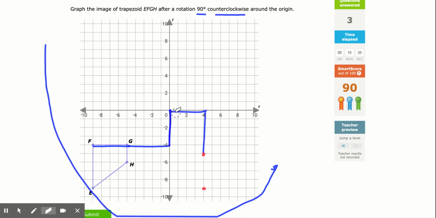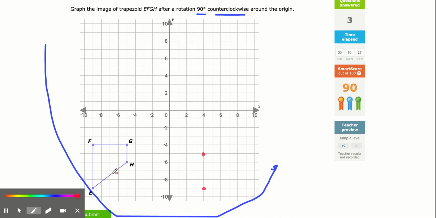Now I'm going to find the next 2 points by doing the L-shape from the origin out to H, which if that's 6 in the vertical length, horizontally, it will be 6.